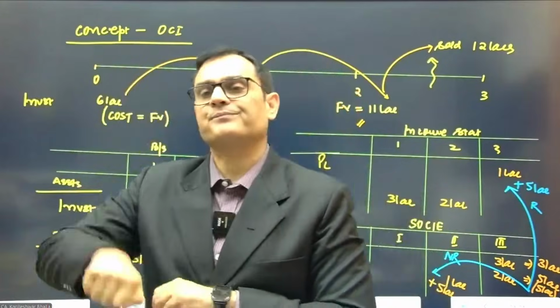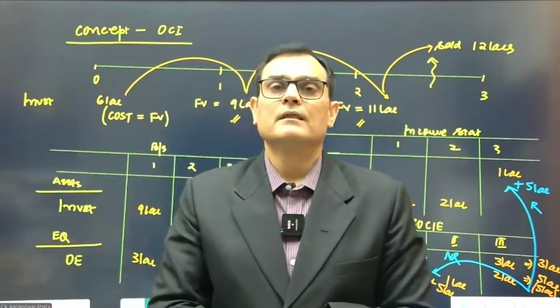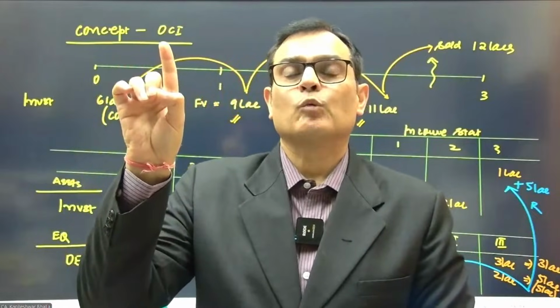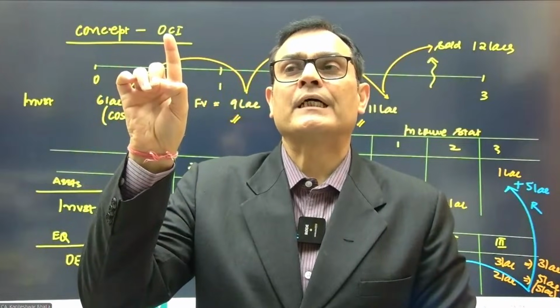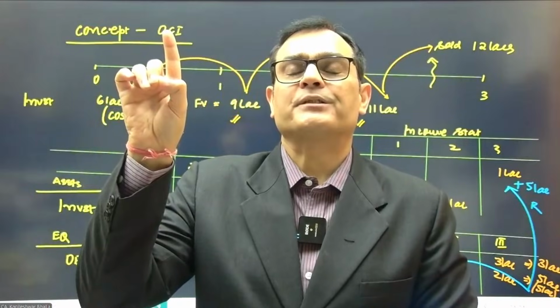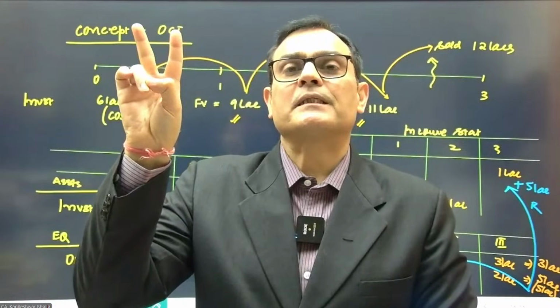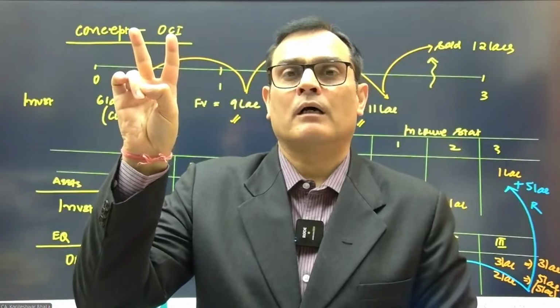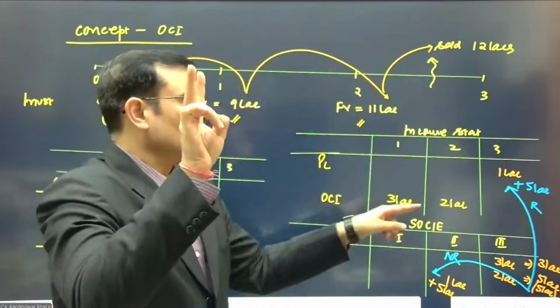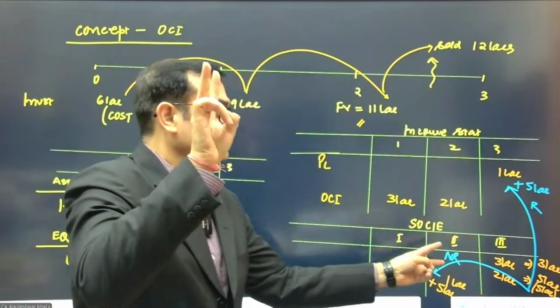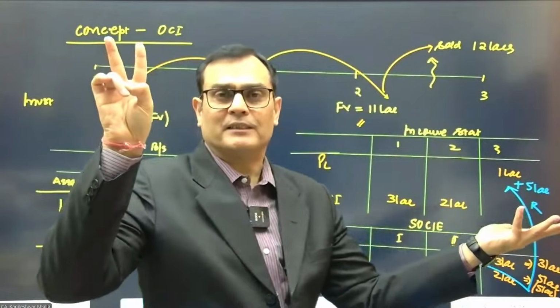Second, when you put it in the OCI NR, is the profit impacted? Yes. Is the EPS impacted? Never. When it is put in OCI, it does not impact the EPS. When it shifts from 3 to 2, it also does not impact the EPS.